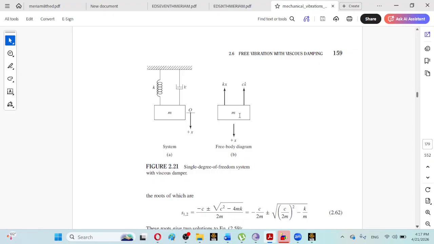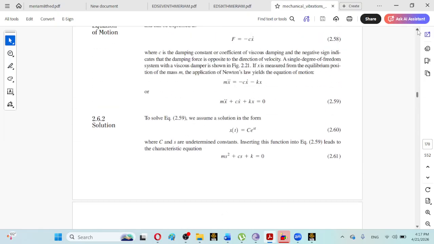Here is the FBD, and we were stating the relation F is equal to minus c x dot.